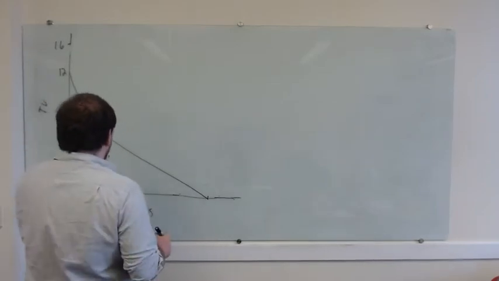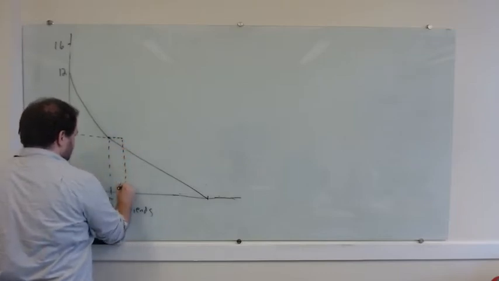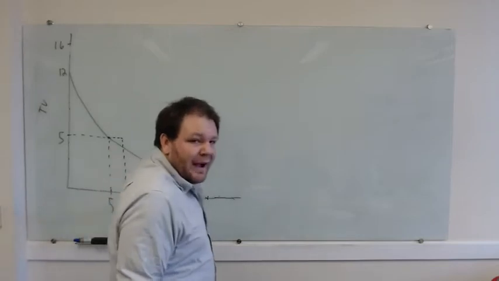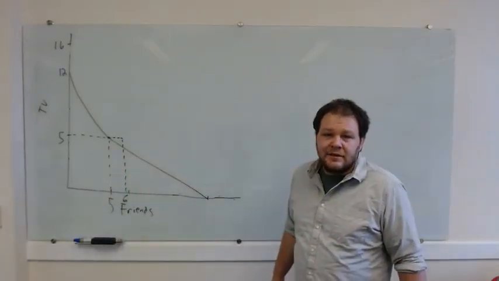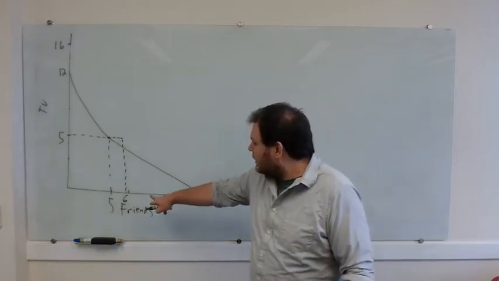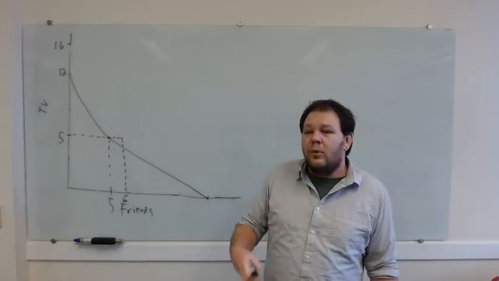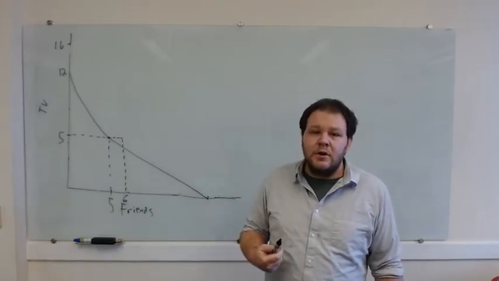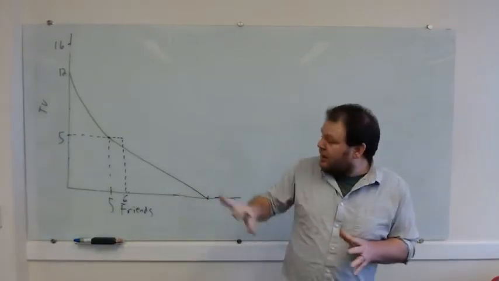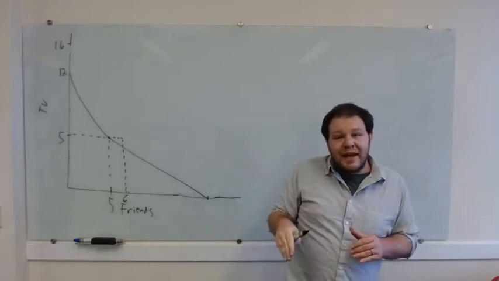So what can we do? If I want to know how much increasing the number of hours with your friends from 5 to 6 is worth to you, I have to compare your value of that 6th hour of friend time with something real, right? Utility isn't real. So what can I do? Well, the only other real thing in the story that we're drawing so far is time watching TV, right?